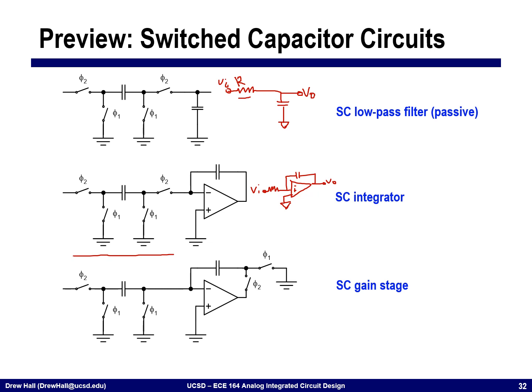And so it functions in very similar fashion. However, it works on the charge domain in order to form this integrator. I could also build a gain stage. And so this is actually what I was showing you at the very start of this lecture, where we essentially built an amplifier that has a switched capacitor feedback network, as well as a switched capacitor input network.